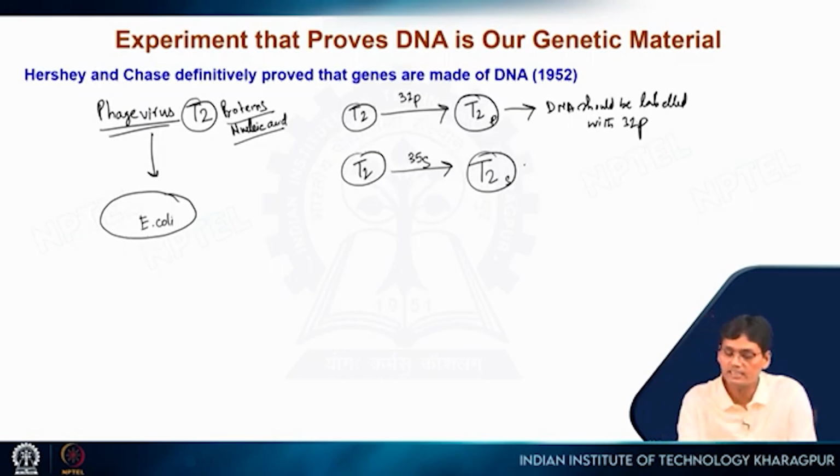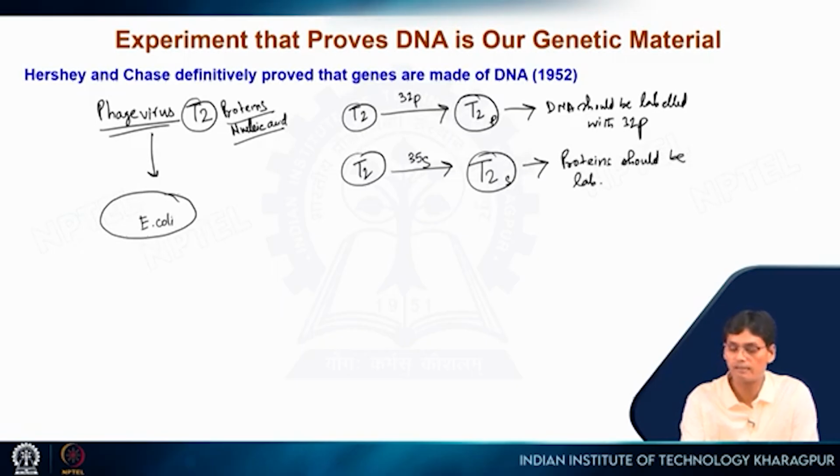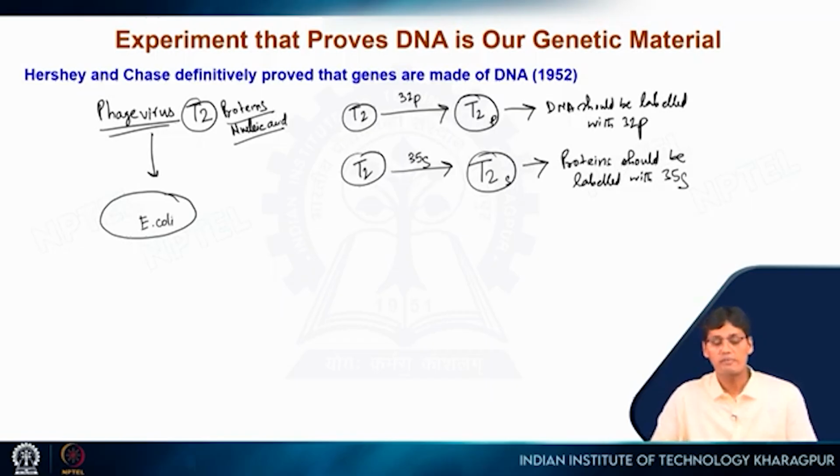And in the other case, proteins should be labeled with 35S, radioactive sulfur, because phosphorus is not present in protein.